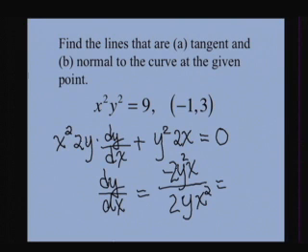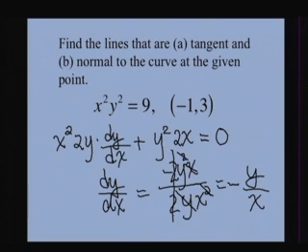That whole thing simplifies. The 2's cancel, the x on top cancels out one of the x's on the bottom, the y on the bottom cancels out one of the y's on top, and we get negative y over x.